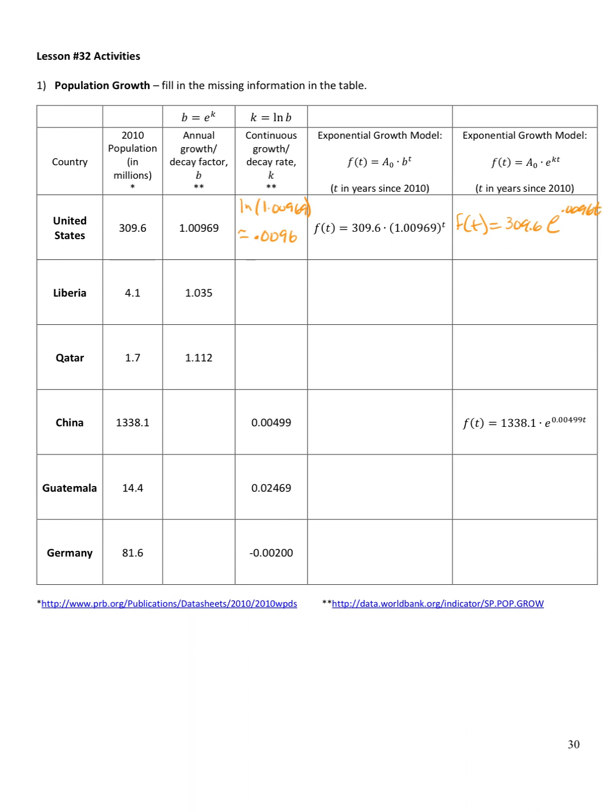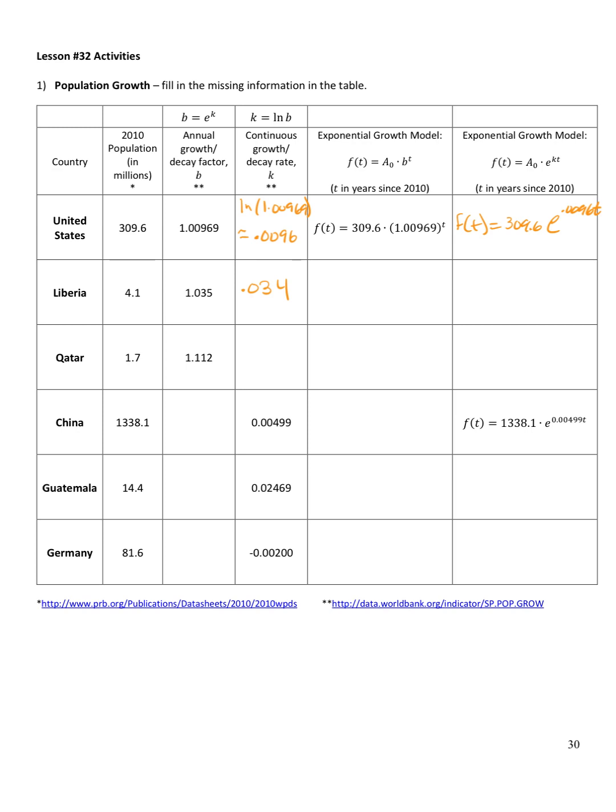Okay, looking at Liberia, I have an initial population of 4.1, and my growth decay factor is 1.035. So I'm going to take the ln of 1.035, and I get 0.034 as my continuous decay rate.